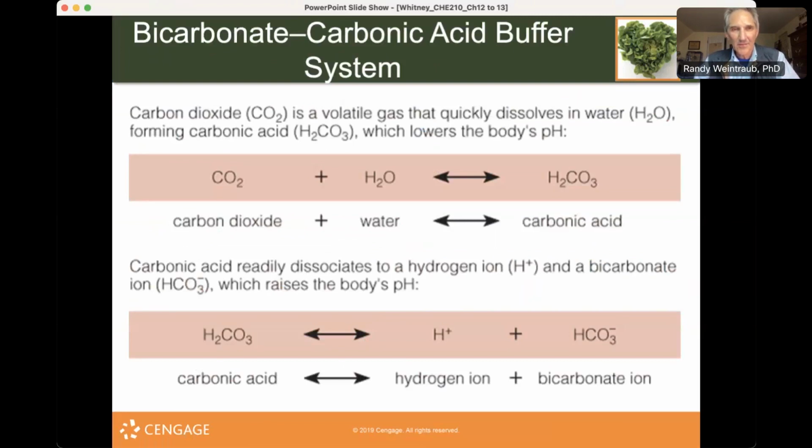This is a very important buffer system, not only in our body, but also in the environment, maintaining ecosystems at various optimal pH. Just a side note, increased CO2 in our atmosphere above normal going into water systems will start increasing acidity.